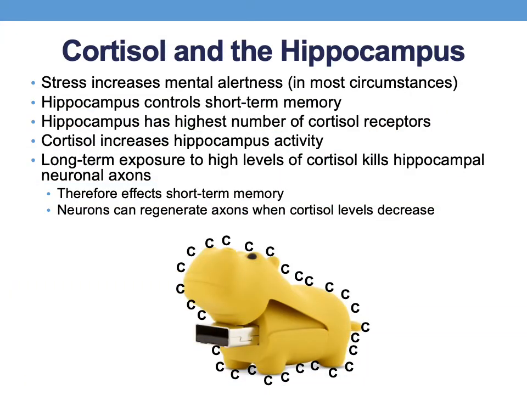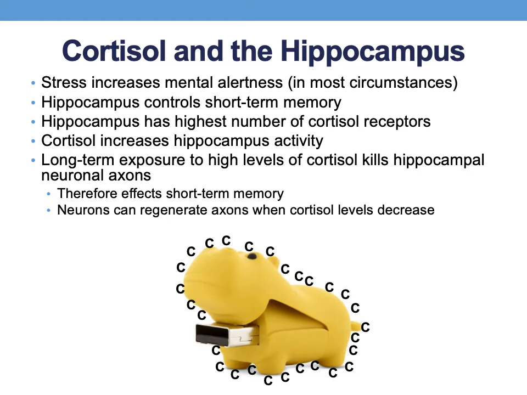Cortisol in the hippocampus. Stress increases mental alertness in most circumstances. When the sympathetic nervous system is activated, you are more aware of your surroundings, and that's because it stimulates the hippocampus. The hippocampus, we know, controls short-term memory.